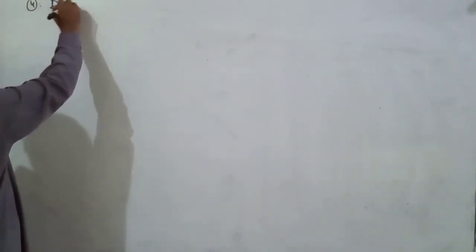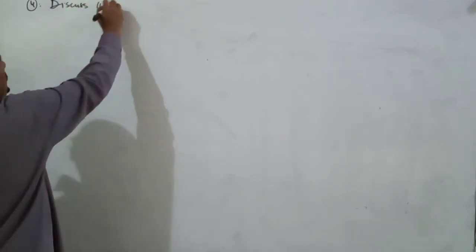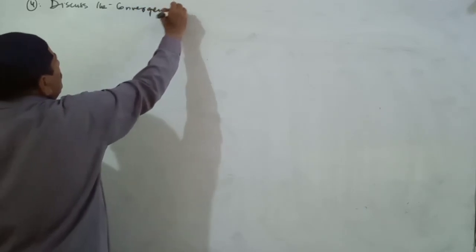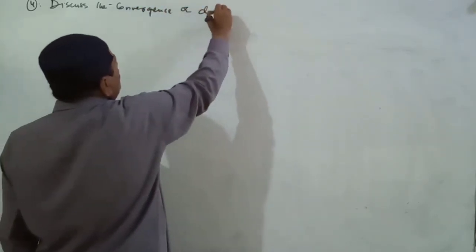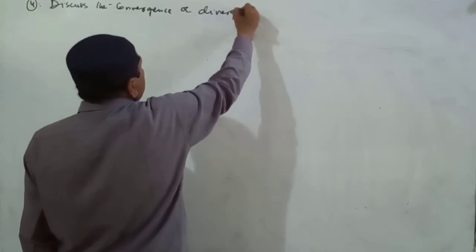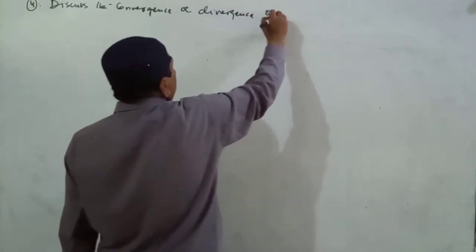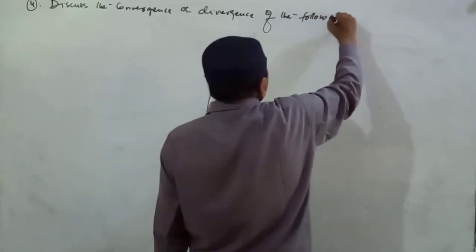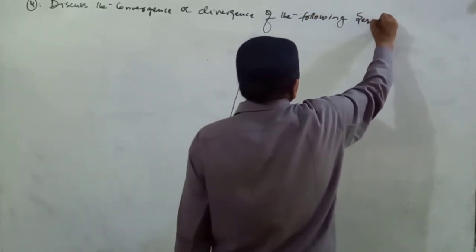Number 4, we have to discuss whether the sequence or series is convergent or divergent. So discuss the convergence or divergence of the following series.